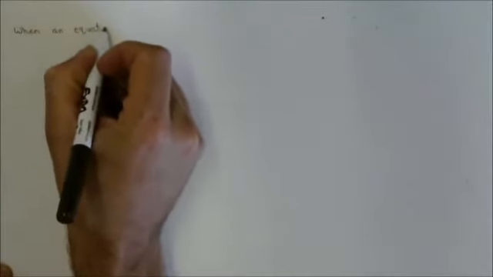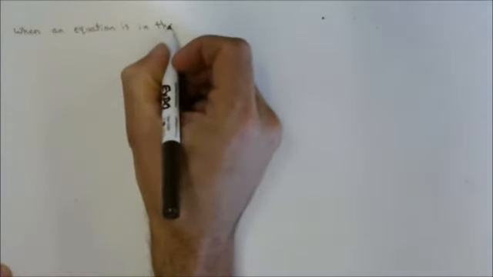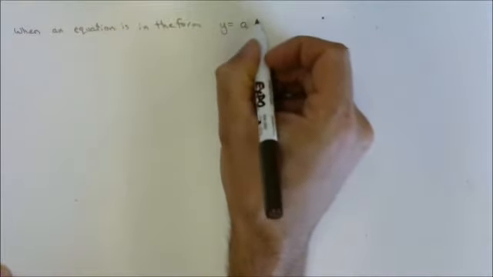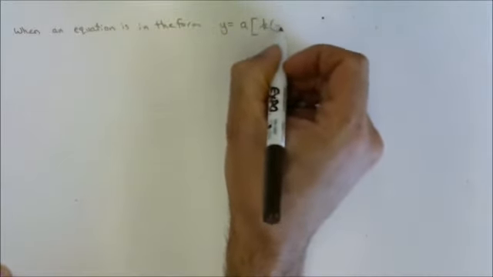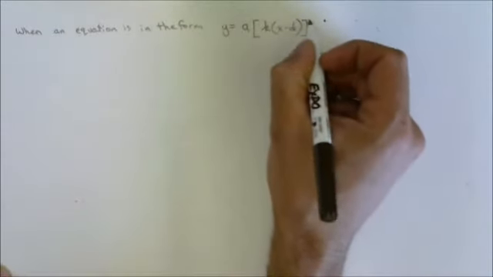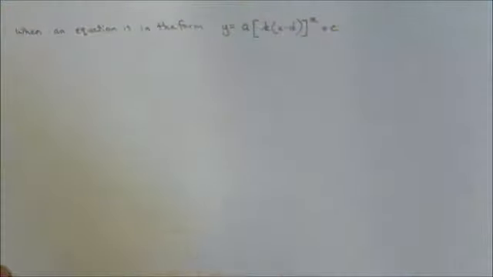So when an equation is in the form y equals a[k(x minus d)]^n plus c.